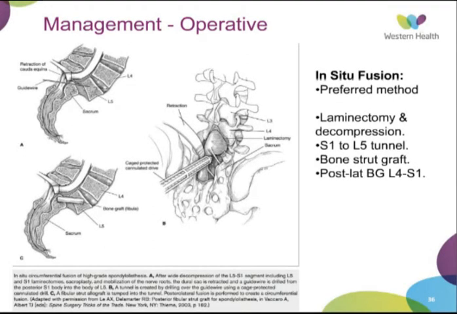In situ fusion, I believe, is a preferred method. Here they do a laminectomy and decompression, and then they drill a tunnel from S1 to L5, and they insert a bone strut into there, and then fuse posterolaterally with bone graft from L4 to S1.